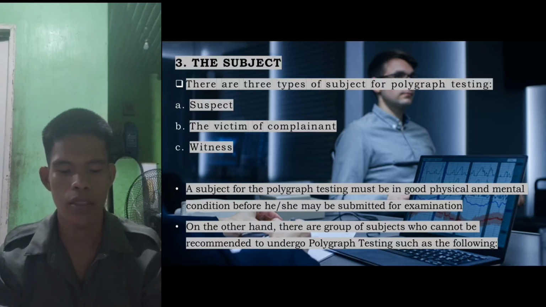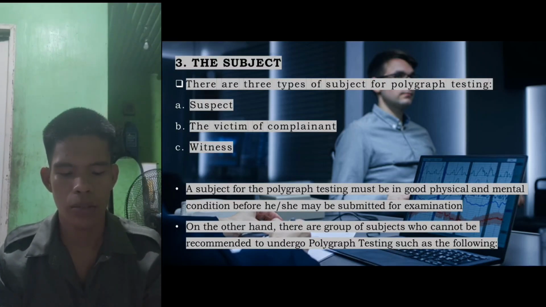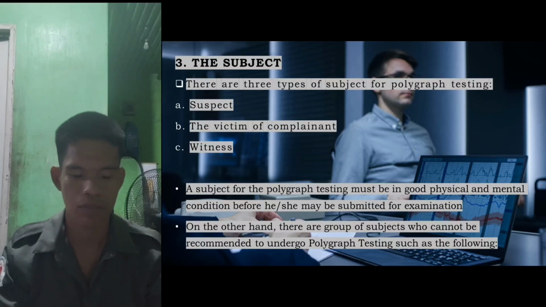First, subject whose guilt is definite or reasonably certain, emotional offender, person who commits crimes in the heat of passion, person whose offense is accidental in nature, non-emotional offender, person who commits crimes for financial gain, subject whose guilt is doubtful or uncertain. A subject for polygraph testing must be in good physical and mental condition before he may be submitted for examination.